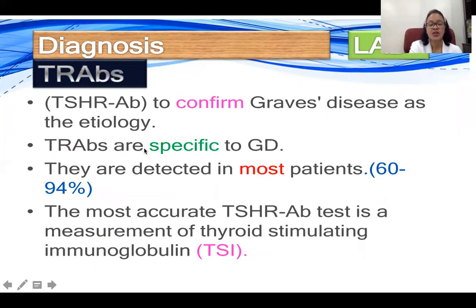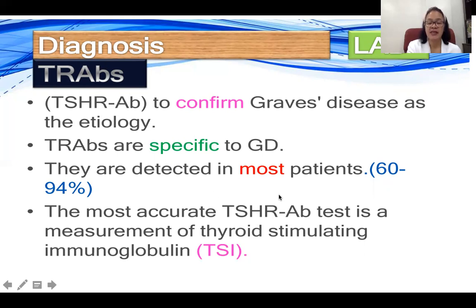So to confirm Graves' disease as the etiology, you need to determine the levels of your antibodies.